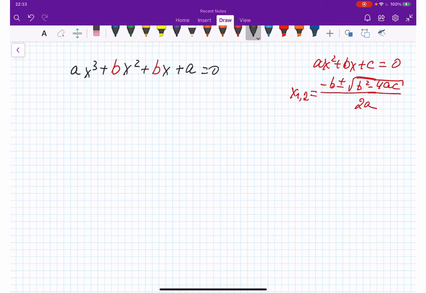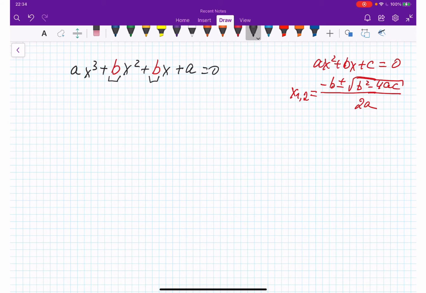I put the b in red color because this is going to be our key player that lets us solve a cubic equation, because the highest degree is 3, right? We are going to solve an equation of degree 3 if the coefficients match this way, with a and b given, obviously.